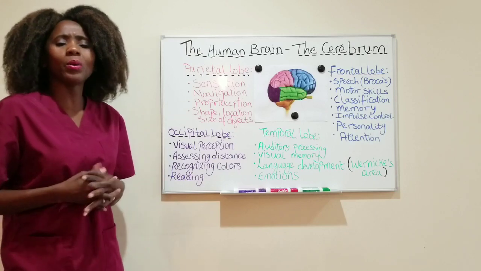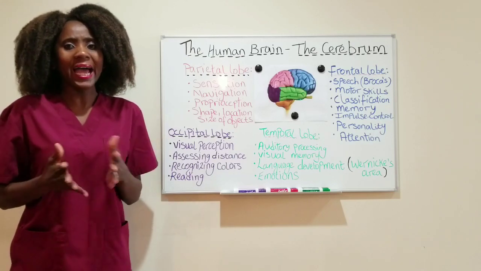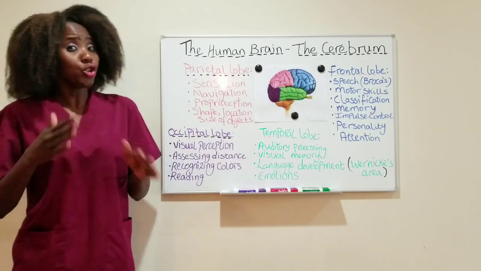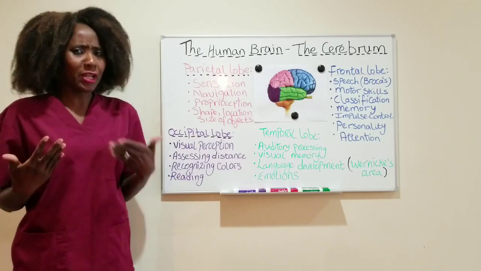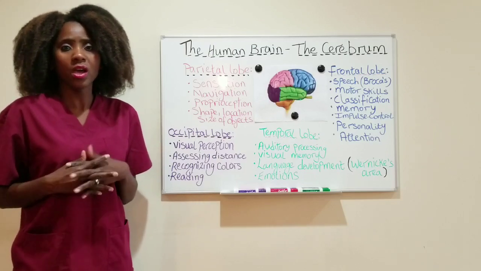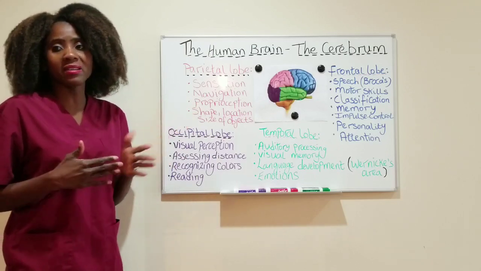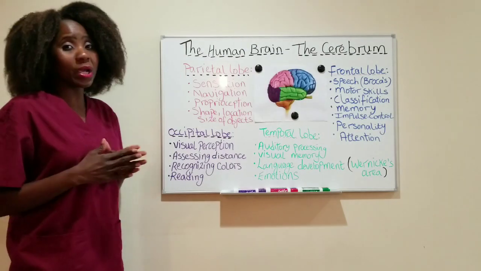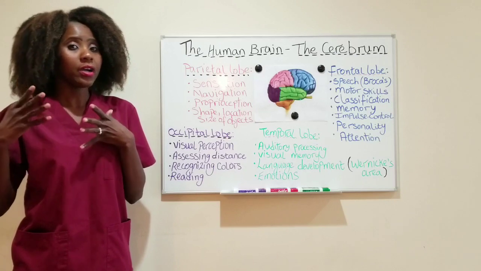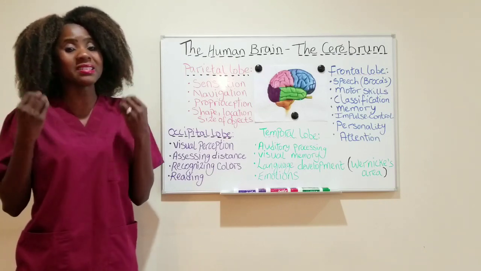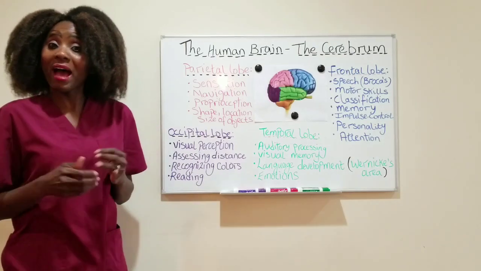So for instance, if I were to ask you to close your eyes and try to navigate around your house for 15 minutes, you may stumble a little, but you'll find your way around because you're going to remember where items are in your house. You're going to remember where your living room is, where's your dining room, where's the kitchen. So this lobe of the brain helps you to remember where those objects are placed, even if you're not able to see them.